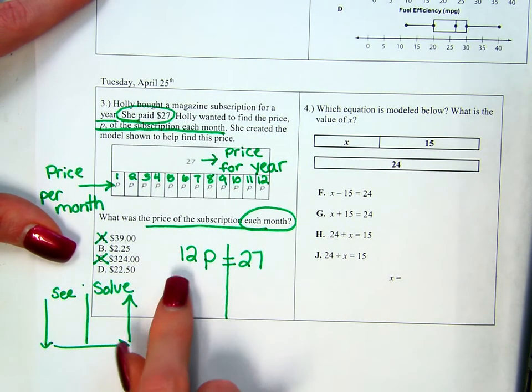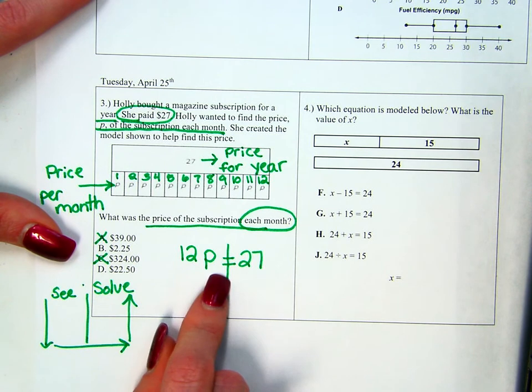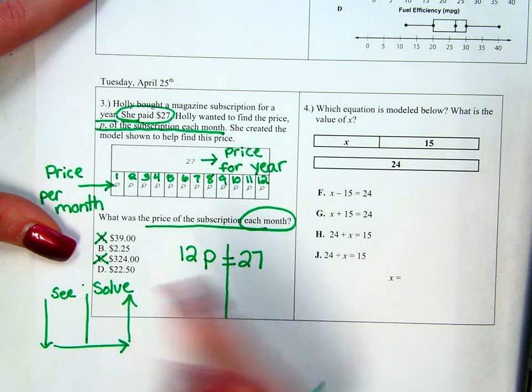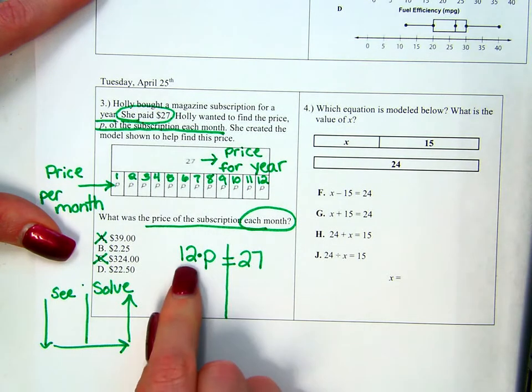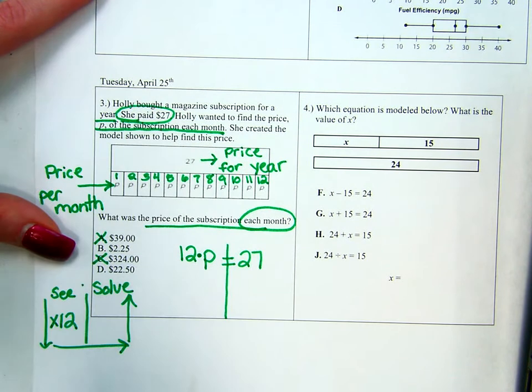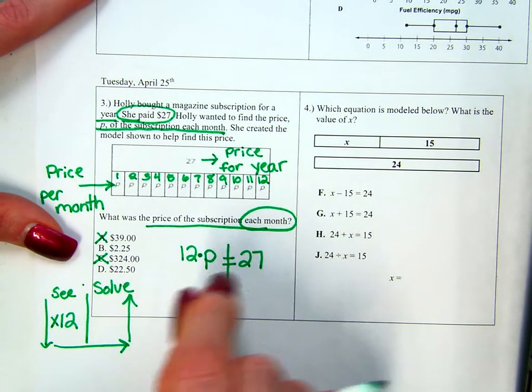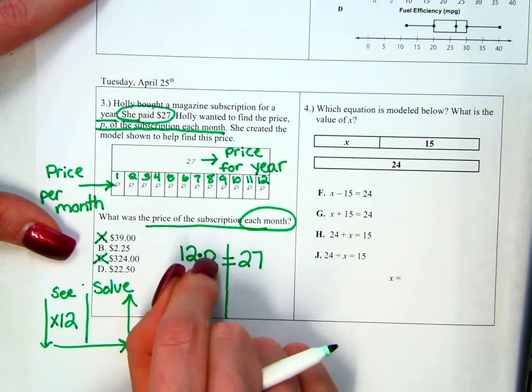And what I see, remember, we're always going to ask ourselves what we see is happening to the variable. This is like our do and undo that we did in class. But what we see is happening to the variable is we are taking P and we are multiplying it by 12. So I can see that I am multiplying it by 12. Because remember that invisible operation when there's not one there? The invisible operation is multiplication.